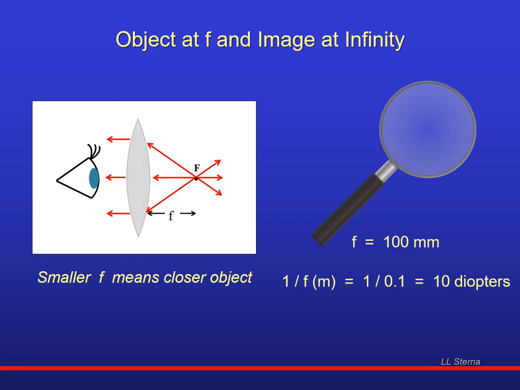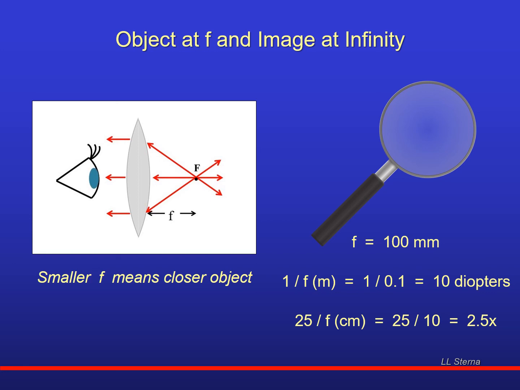Well, that equation, 25 over f, we have to convert f to centimeters. 10 millimeters equals 1 centimeter. Therefore, 100 millimeters is 10 centimeters. So the angular magnification, 25 over f in centimeters, 25 over 10, is 2.5x.